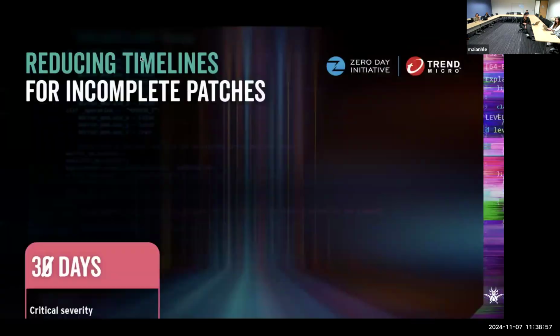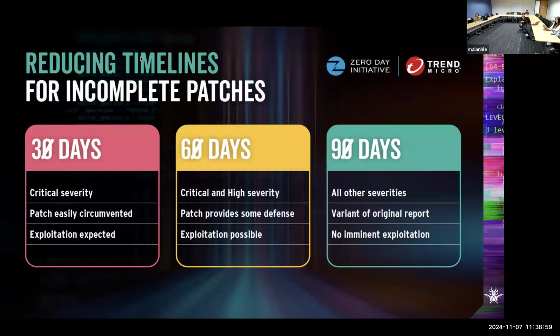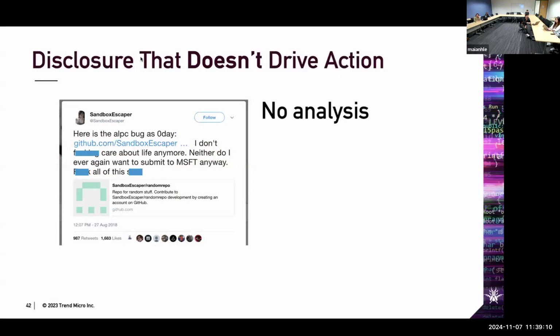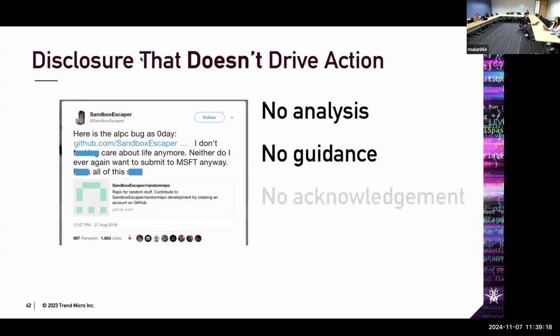So for our program, if the patch is incomplete, we'll try to reduce the timeline to keep the customers protected more quickly. And I want to talk about disclosures that don't drive actions. Like you just dump an exploit online, no analysis, nobody knows if this is even real, and there's no acknowledgement.